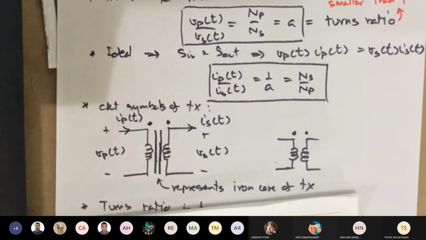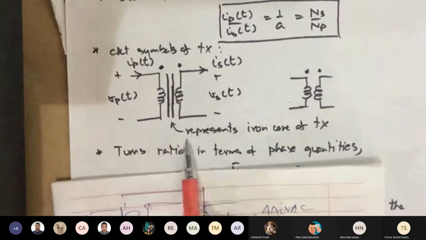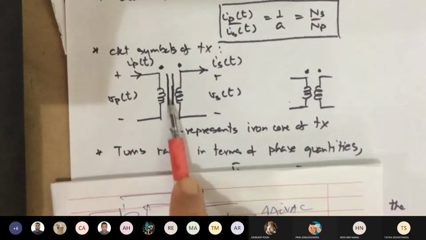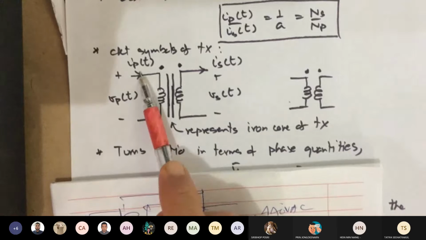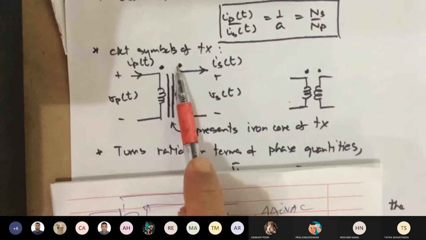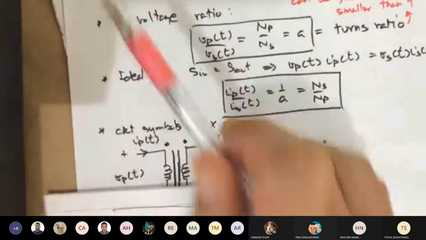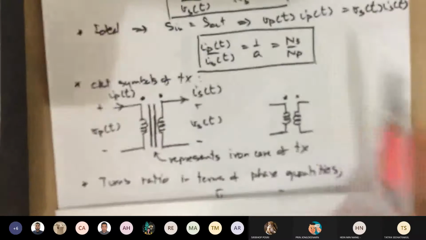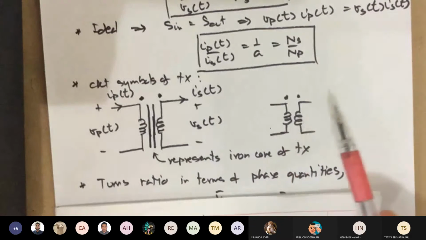The circuit symbol of a transformer is two inductors in parallel vertically, and sometimes you see two vertical lines, which represent the iron core. Most of the time it's omitted. And again VP, IP, current going in, dot, dot, just like that basic diagram. This is the circuit symbol. And then VS, IS going out. A more common one would be the one on the right here, but they're the same.